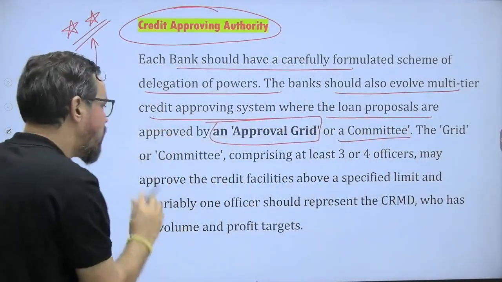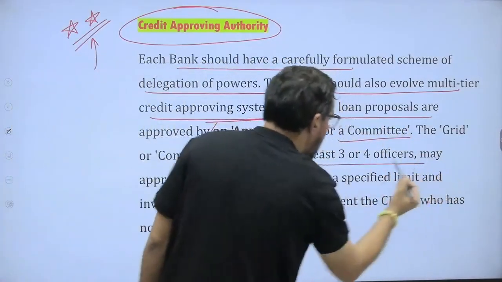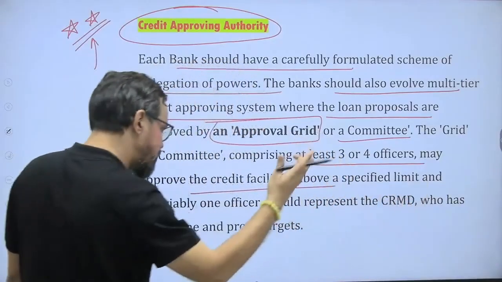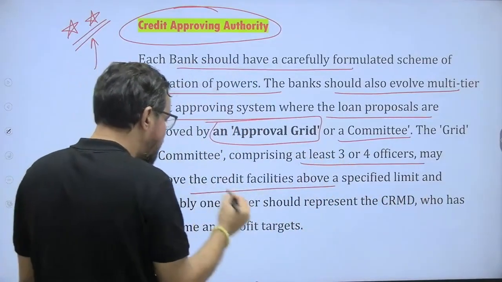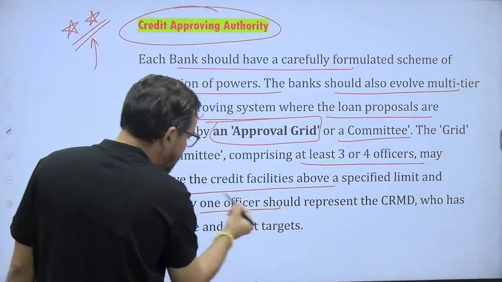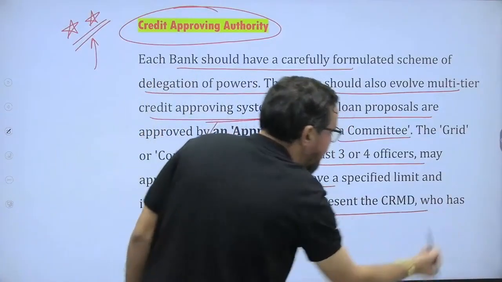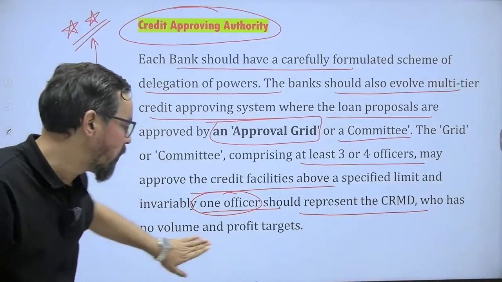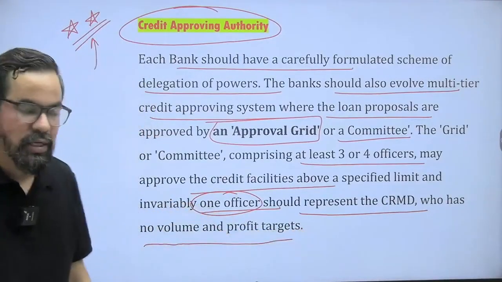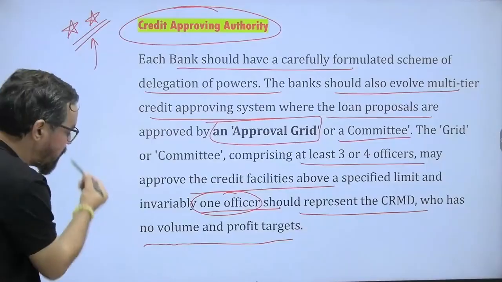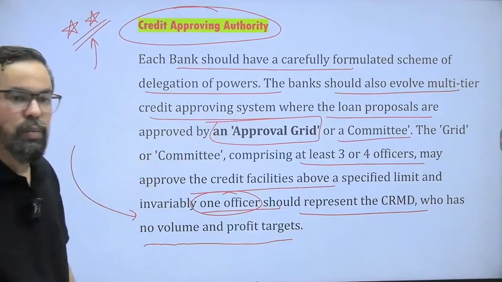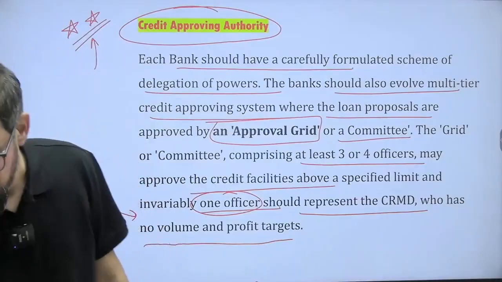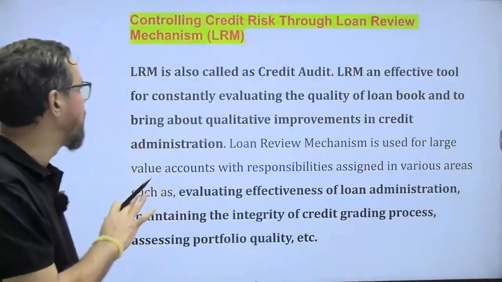The grid or committee comprising 3 to 4 officers may approve the credit facility above the specified limit, and invariably one officer should represent the credit risk management department who has no volume or profit targets for their branch. This is the major reason why we are keeping this person as part of this approval grid, because he won't make any sort of biased decision.